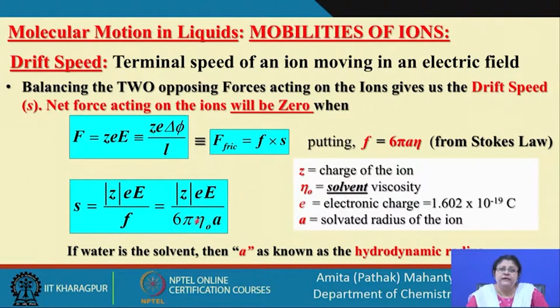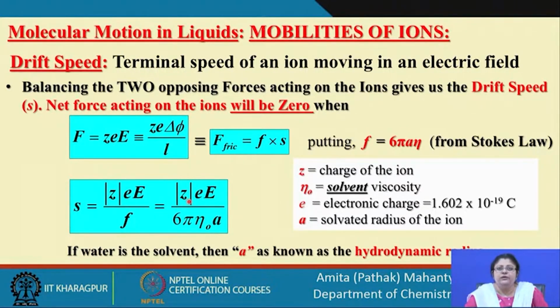And eta is the viscosity coefficient of the solvent medium we are looking into, and a is the radius of the ion. So, the expression for the speed with which the ions in the solution are moving is nothing but ZeE by F, which, if we substitute the value of the frictional factor, becomes ZeE divided by 6 pi eta a.